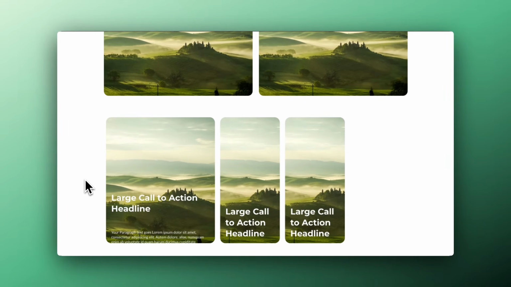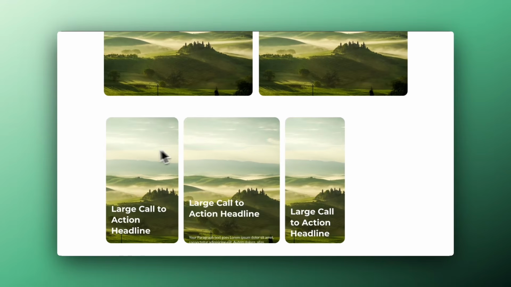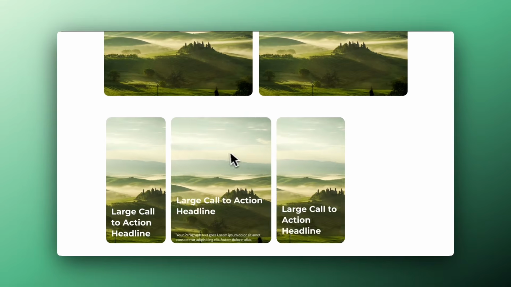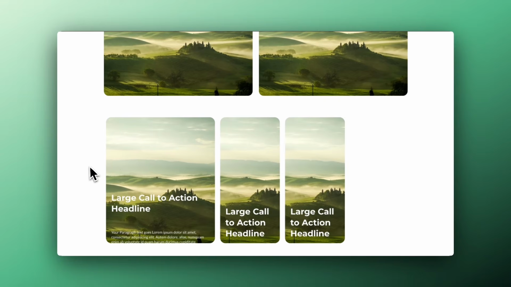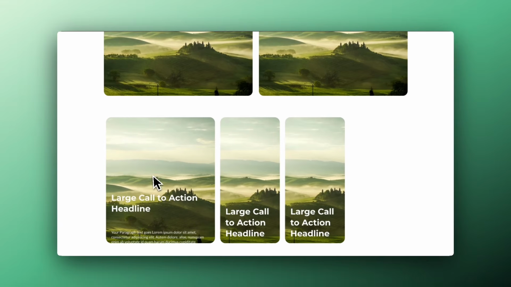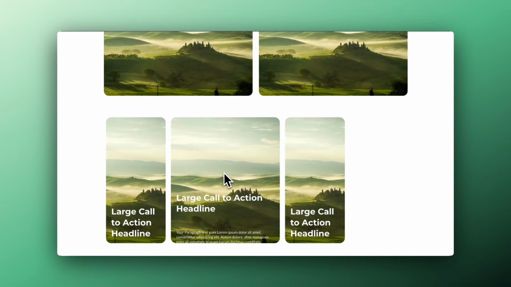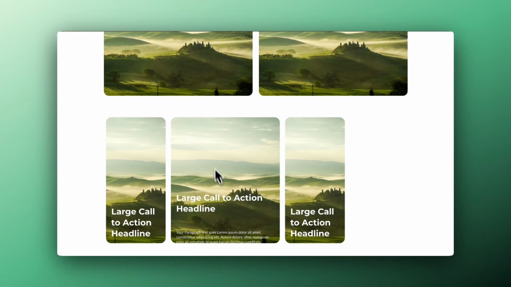As you can see, the first column is by default a bit bigger, and when we hover the second one, then we have this really cool effect with the columns that get bigger and the other columns get smaller, and also the text goes a bit up. But as you can see, it doesn't really go all the way up, so we need to adjust the margins a bit.